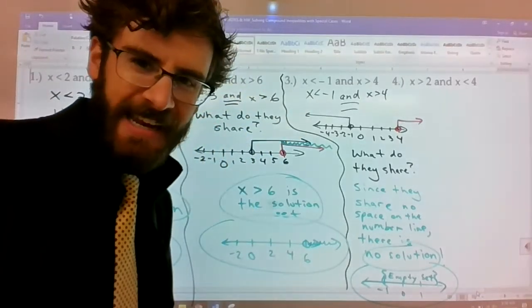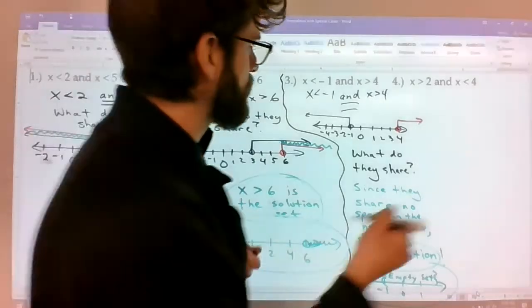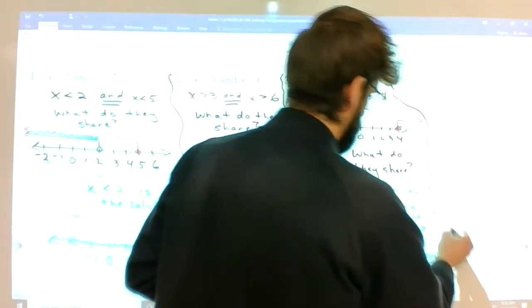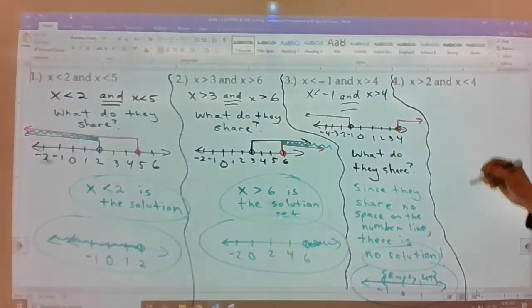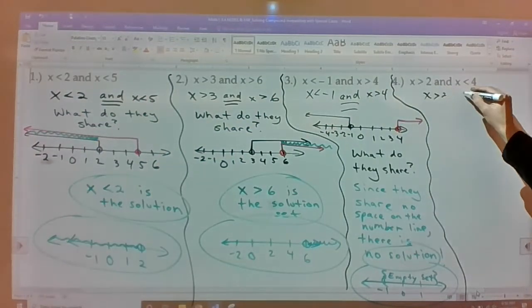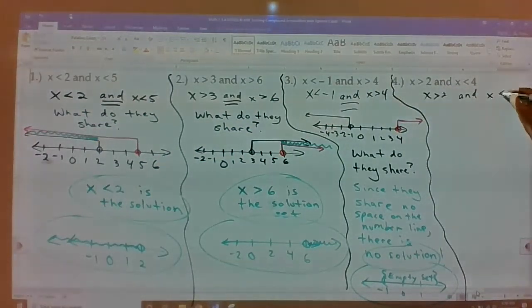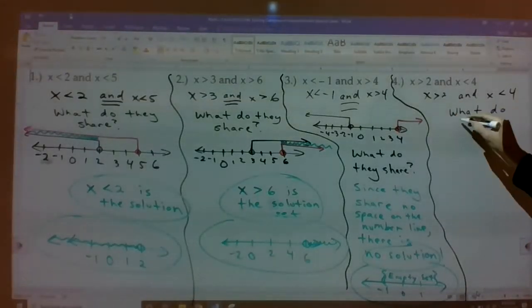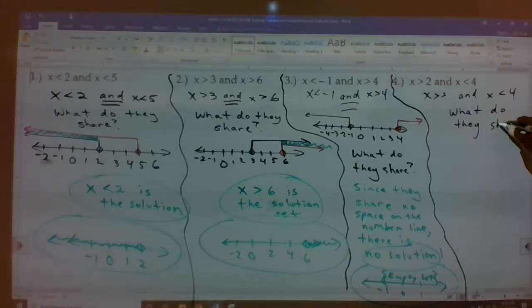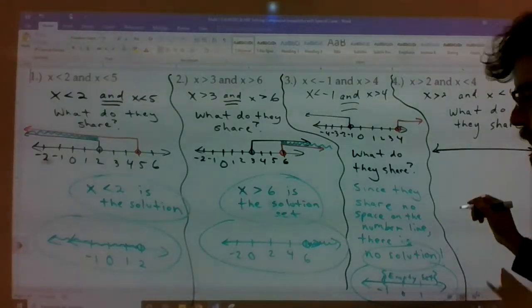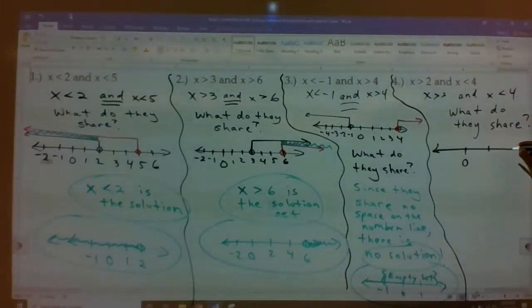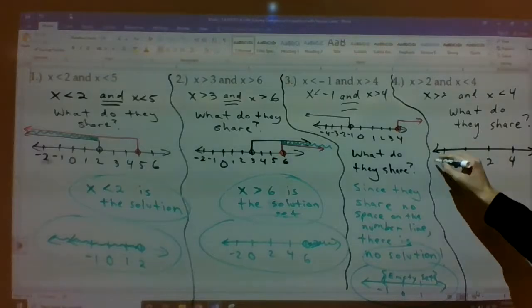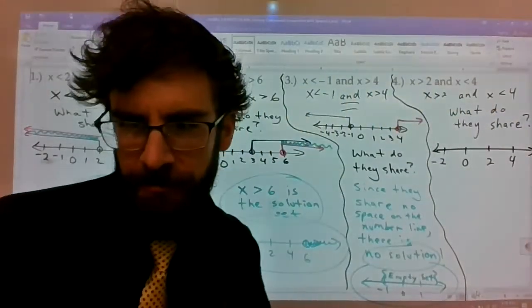Okay, now, number 4. I think this is our last and statement, at least for this part of the notes. So x is greater than 2 and x is less than 4. What do they share? Well, let's graph this thing. I've got my number line. I'm going to skip count by 2s. Here, let me make sure you guys can see this all in view.